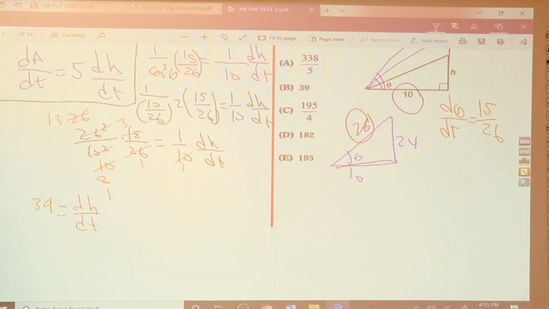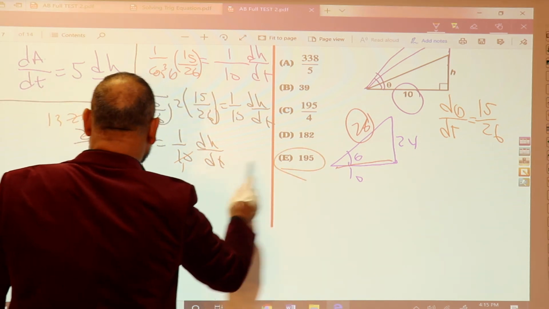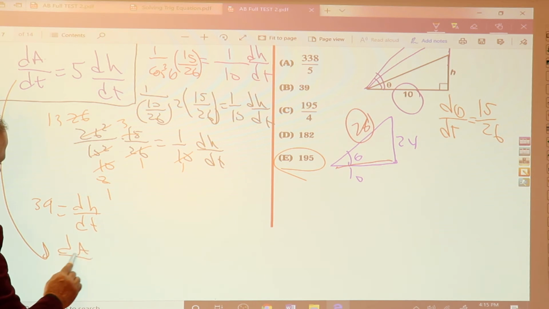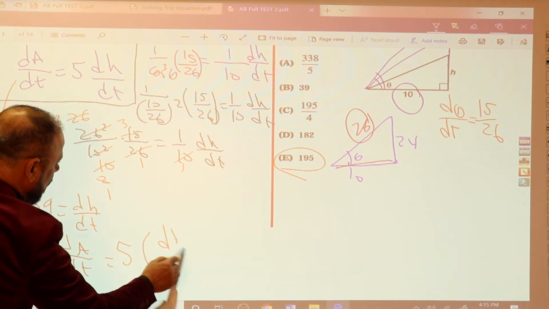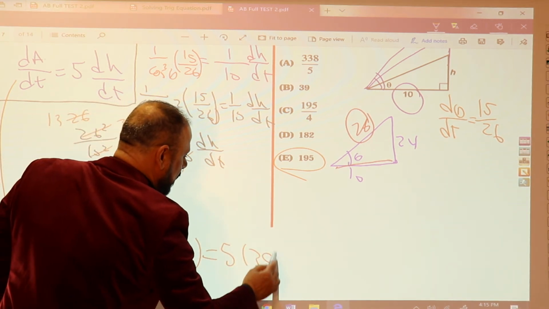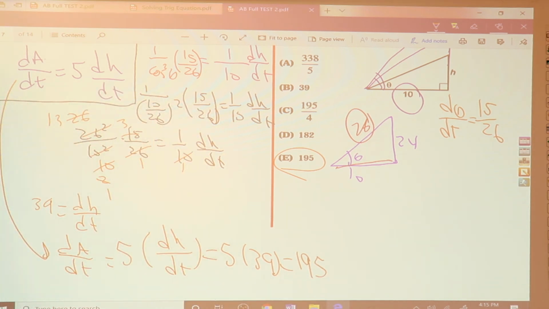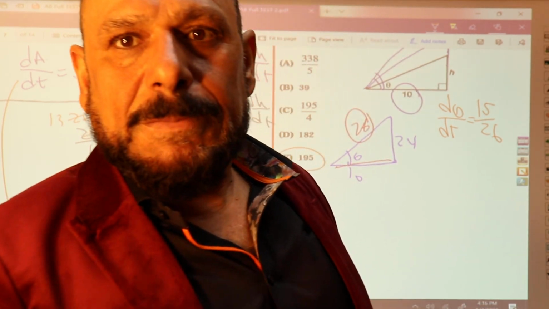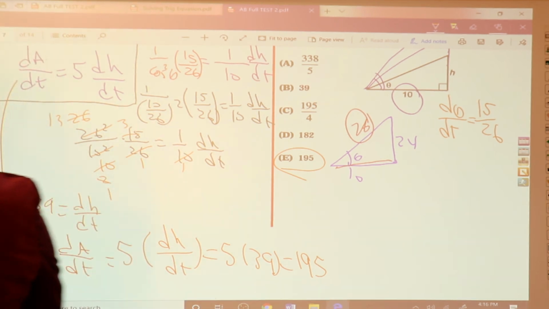And 39 times 5 is 195. Okay, back to the area, dA over dt equals 5 dh by dt, 5 times 39, 195. That is the answer here.